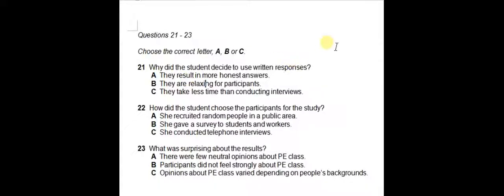And here we go. So this is our multiple choice question set we're looking at. Again, we're looking at a set that comes from my own insider materials, something that you will not see in the Cambridge books. And you can see questions 21 through 23. So we are looking at a section 3 example.